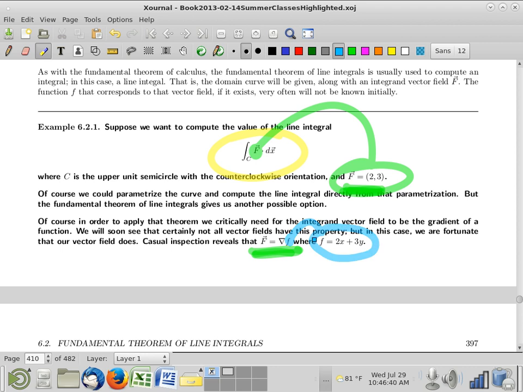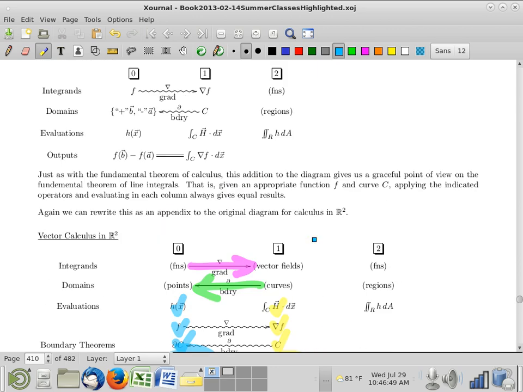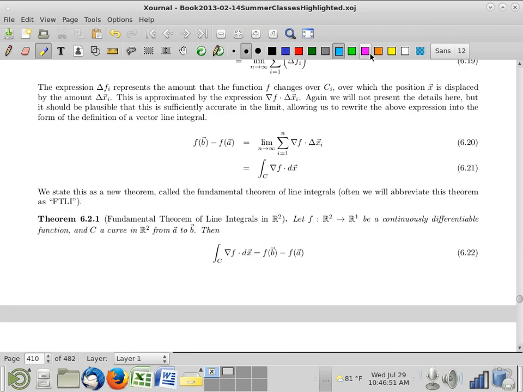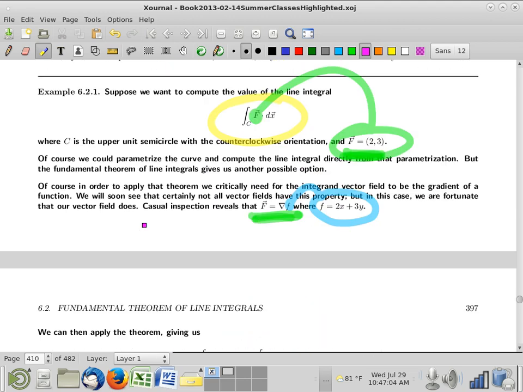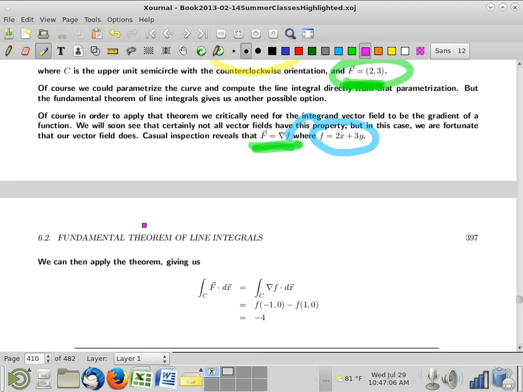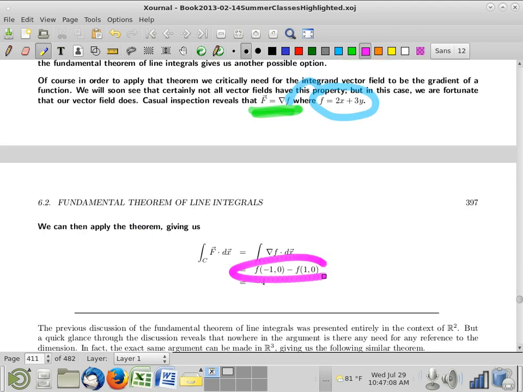As soon as you realize that your vector field is the gradient of a known function, then you can plug into this handy-dandy formula: take the two endpoints, A and B, plug into this anti-gradient function that you just found, f of b minus f of a, and there's your answer. That's what I've done here. Having found that anti-gradient, plug in the two endpoints and subtract, done.